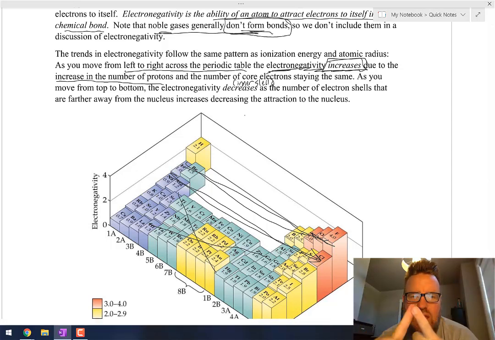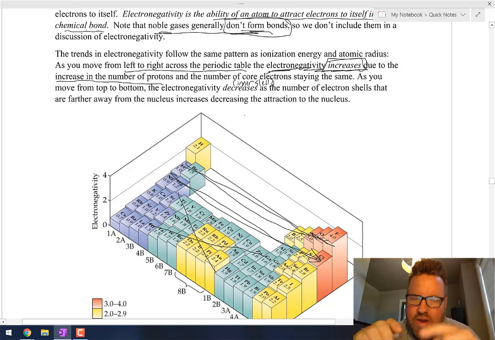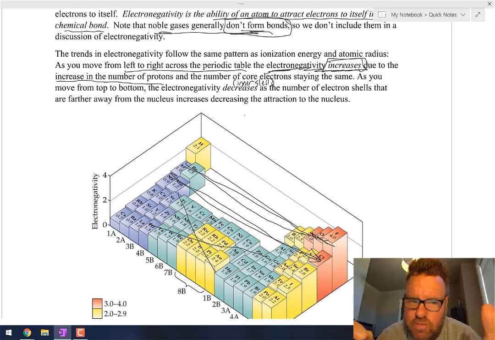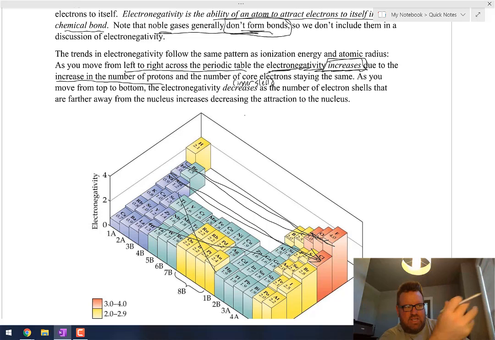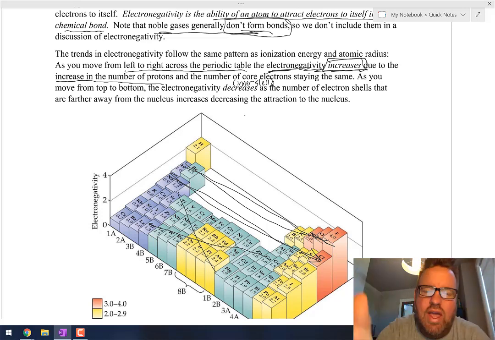So there's an increase in the number of protons, but the valence electrons are staying in the same shell. The biggest factor there is the number of protons. More protons means more attraction. So since there's more attraction, that atom is going to be able to pull those electrons with more force than the other atom is going to.